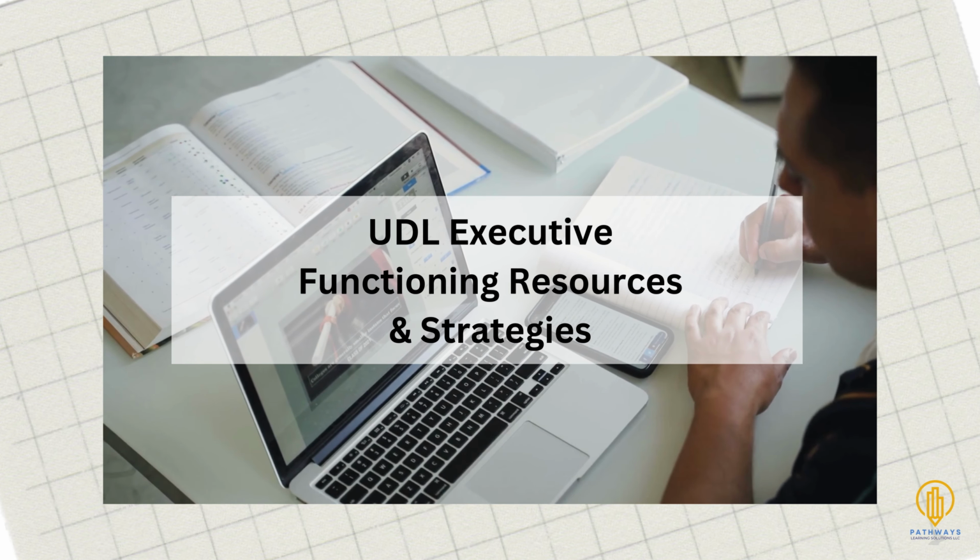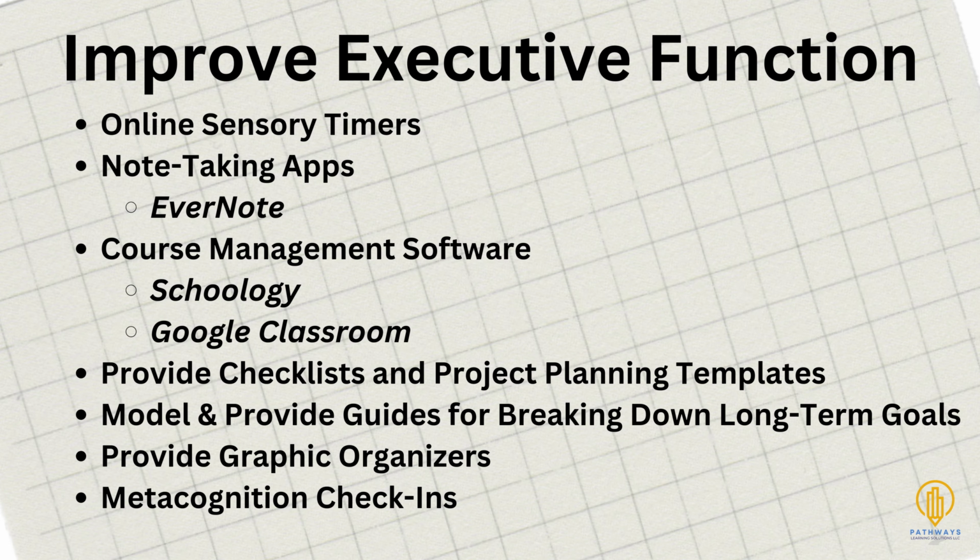You can use online sensory timers, note-taking apps like Evernote, course management software like Schoology or Google Classroom, provide checklists and project planning templates, model and provide guides for breaking down long-term goals, provide graphic organizers to assist with planning, organization, and task completion, and just simply checking in with your students frequently to check their understanding and task completion.